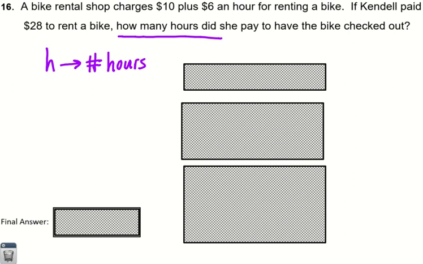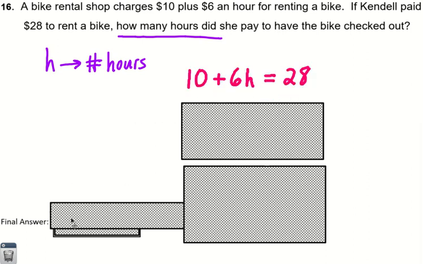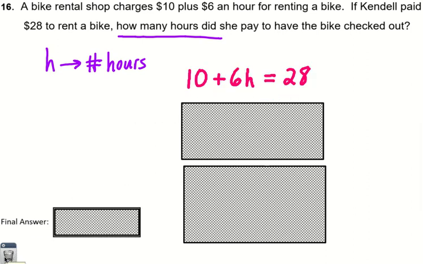And so we write out an equation with an equal sign that involves this variable H and the numbers 28, 10 and 6, or something equivalent. If we do 6 times this unknown number of hours, and then add 10, it's supposed to equal 28 for Kendall.